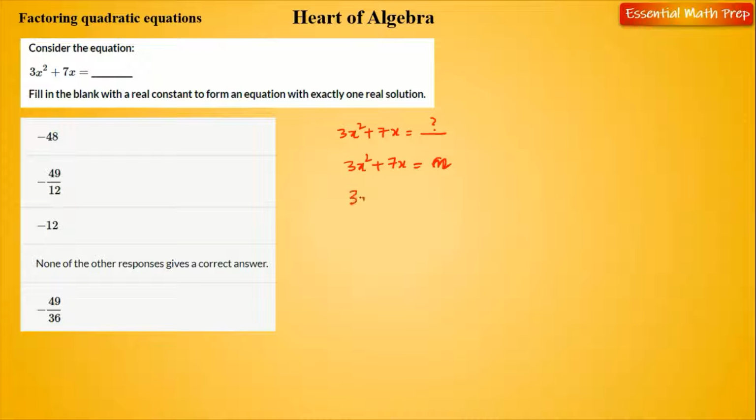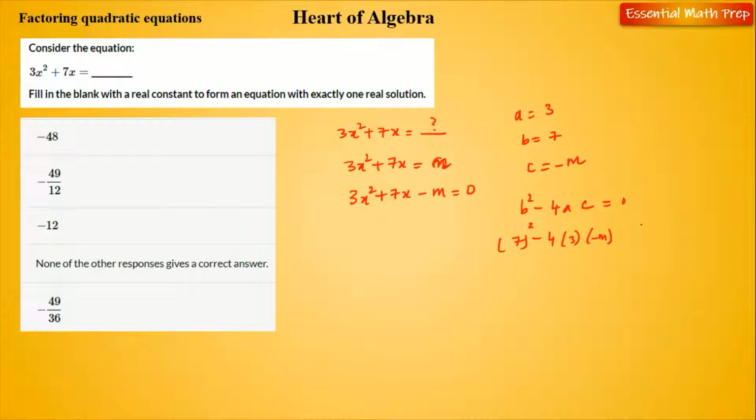So that means 3x squared plus 7x minus m equals 0. Now this is a quadratic expression in which A is equal to 3, B is equal to 7, C is equal to negative m, right? So B squared minus 4AC would be equal to 7 squared minus 4 times 3 times negative m.